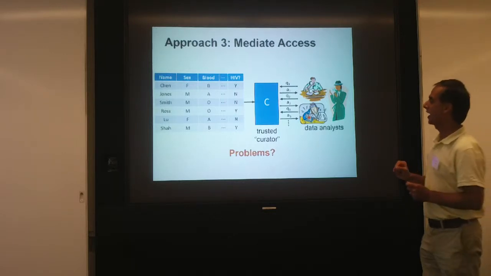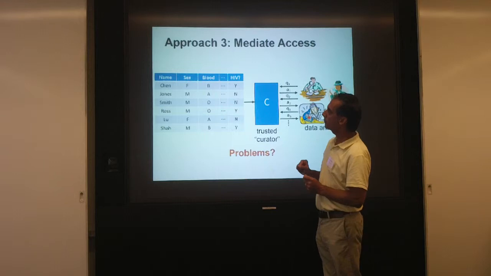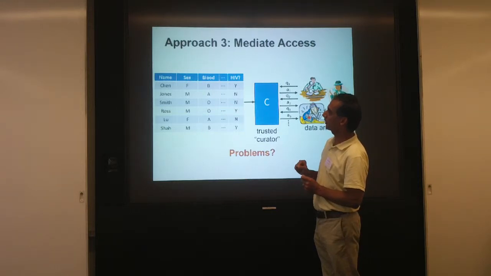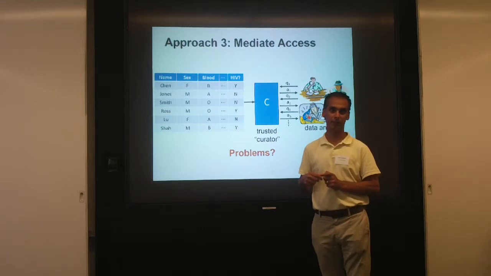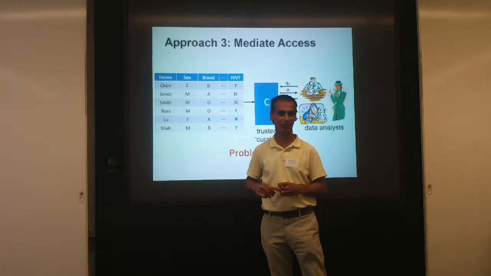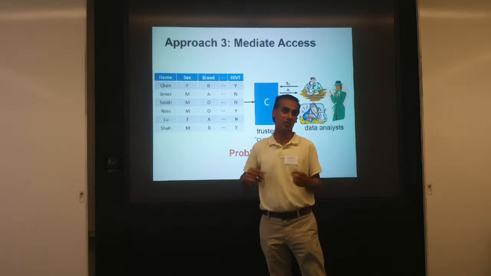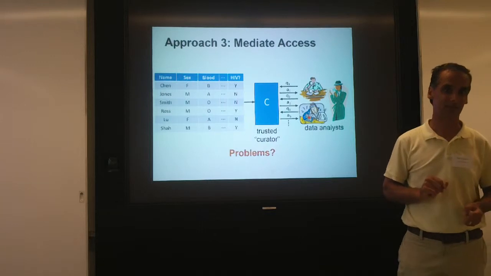So I could say, how many people in the data set are HIV positive, and how many people other than Chen are HIV positive? It doesn't have to be so obvious. Again, it could be using some other attributes. And each of those counts might not be small, but their difference tells me exactly this piece of information I'm interested in.